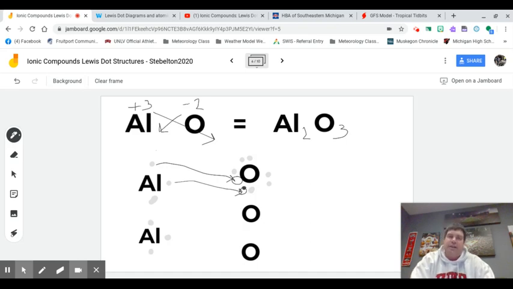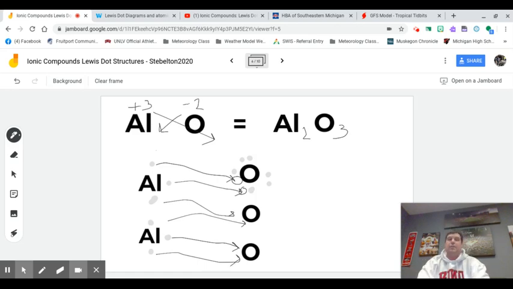Because if this oxygen has 2 openings, which it does, this one's going to have 2. 1, 2. And this one is also going to have 2. 1 and 2. And now it's a neutral charge compound.